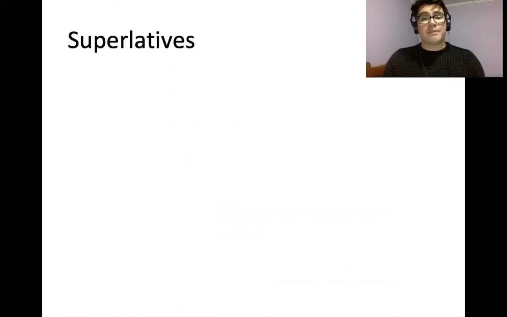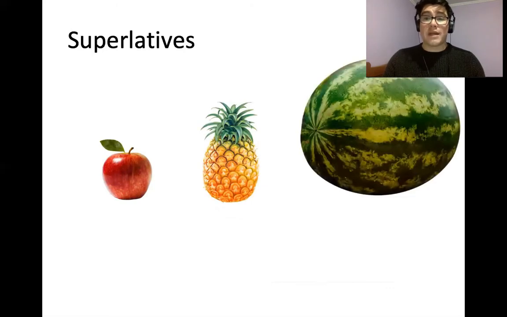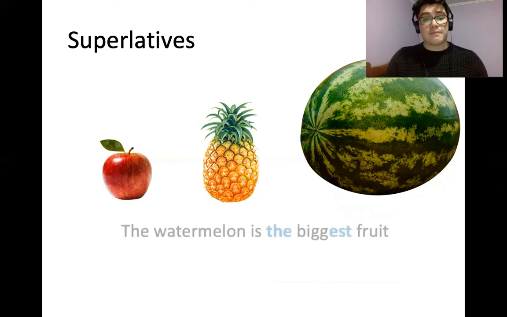For example, here I have an apple, here I have a pineapple, and here I have a watermelon. I can say the pineapple is bigger than the apple, of course, or the pineapple is smaller than the watermelon. But if I want to compare all of them, I can say something like this. The watermelon is the biggest fruit.